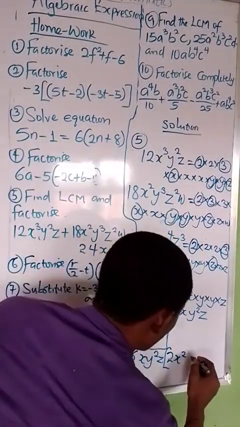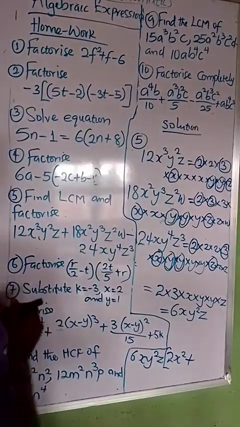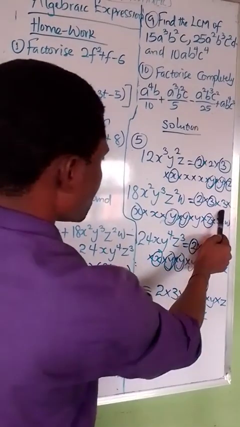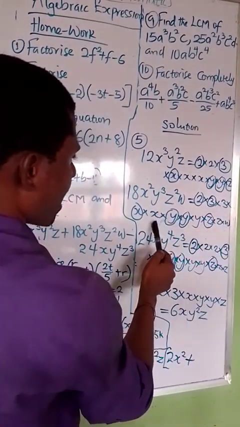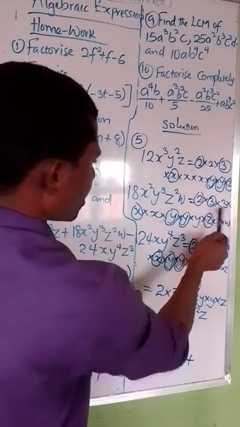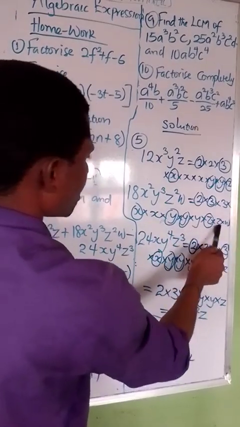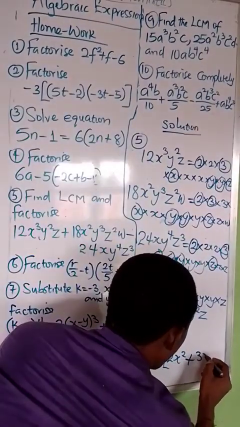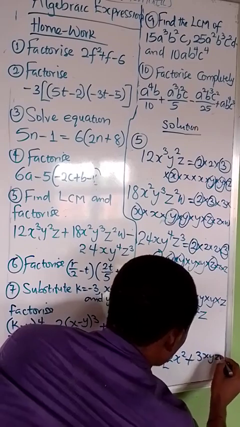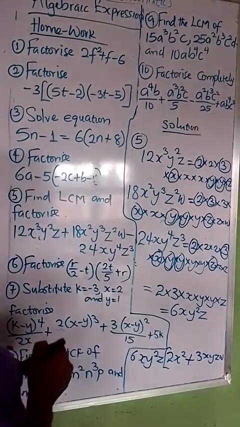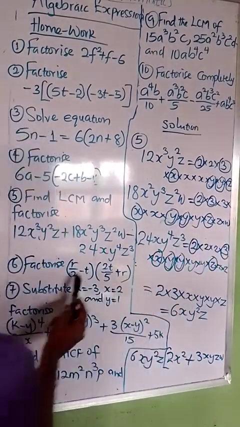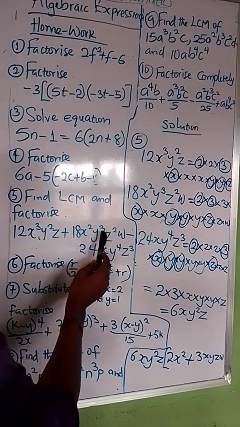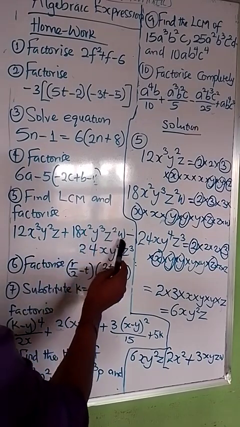Then plus, what is also left? We have 3 times x, 3x, times y, 3xy, times z, 3xyz, times w. So 3xyzw is what is left from 18x squared y cubed z squared w.